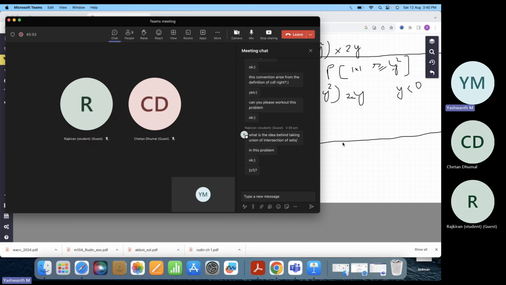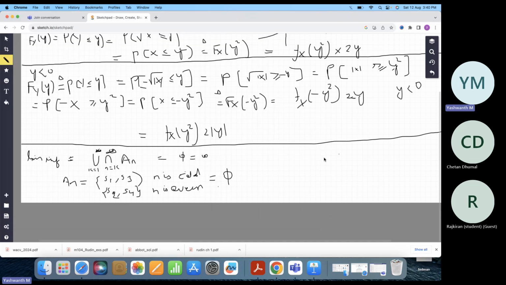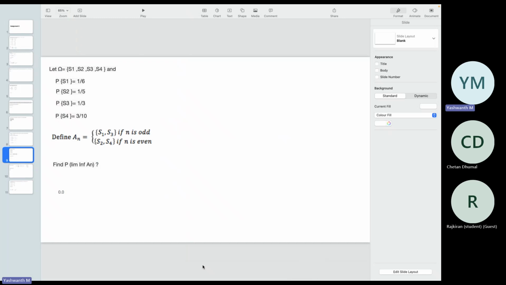S1, okay, cool. So I hope you understood now, right? And the final answer is the probability of S1 you have to give. So in this context, that is 1 by 6 if it were S1 instead of S2.